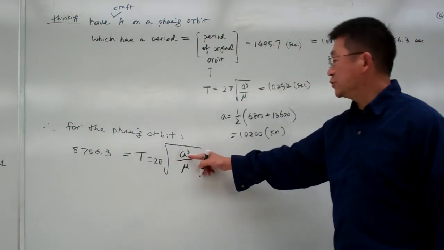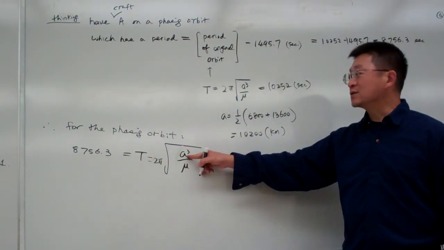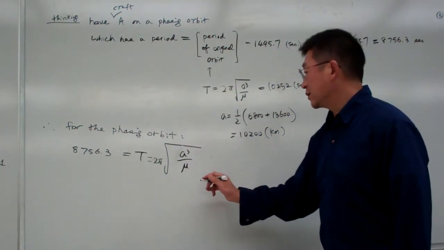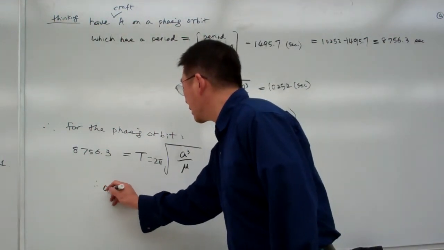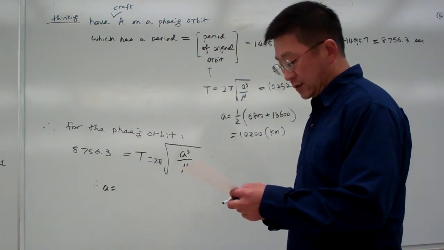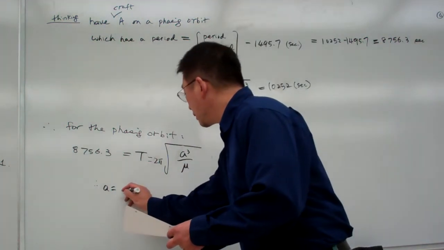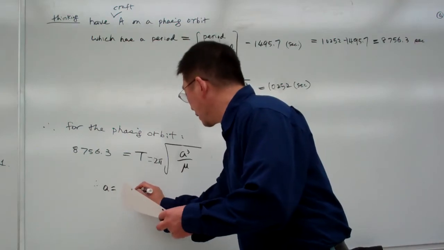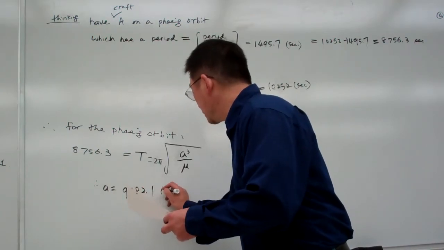So here we can determine the semi-major axis of the phasing orbit. So a will be equal to, do I have those numbers calculated? 9182.1 kilometers.